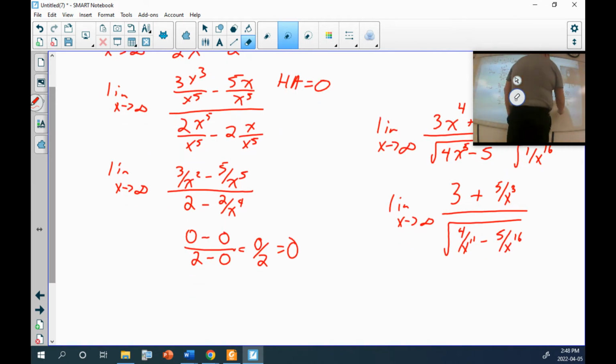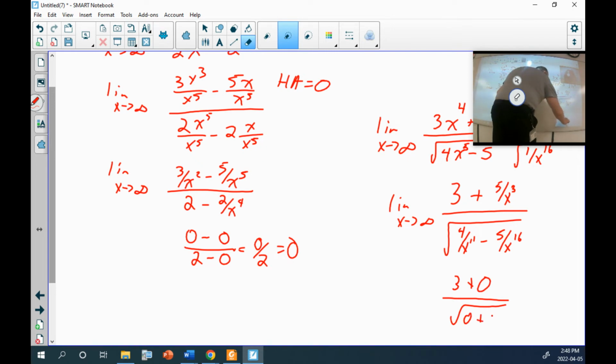Plug it in: 3 plus 0 divided by the square root of 0 plus 0. Does that make sense? So what's 3 divided by the square root of 0? Undefined.